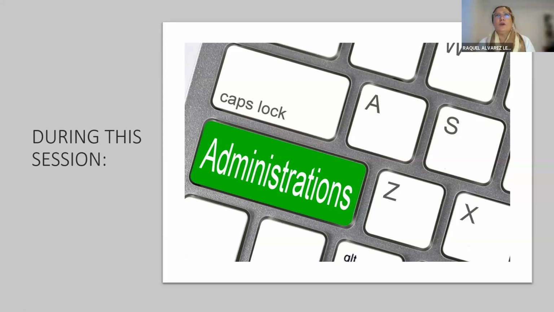The other day, we were talking about some tasks you have to do in the administration also, but today we are going to see more characteristics and more tasks you have to do when you work in an office or in an administrative post.